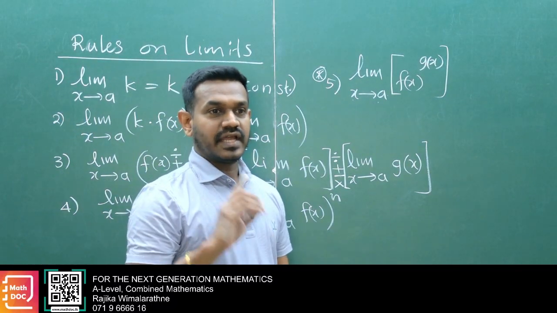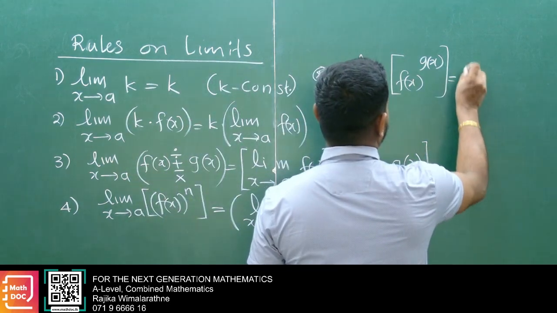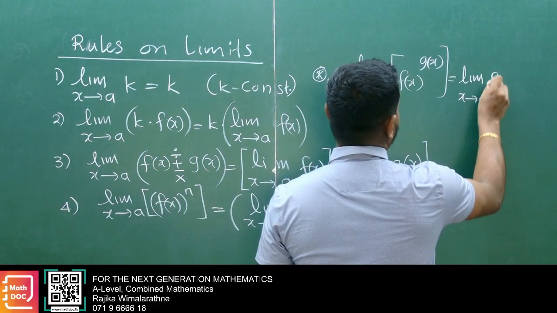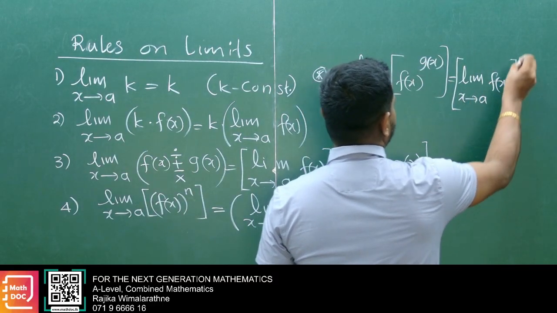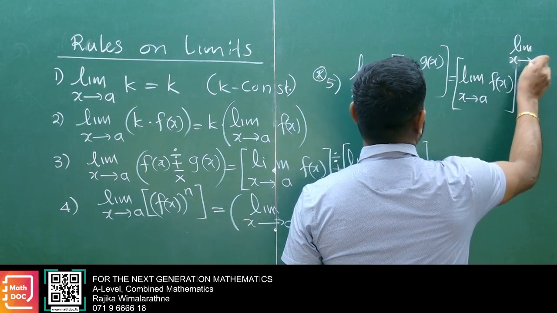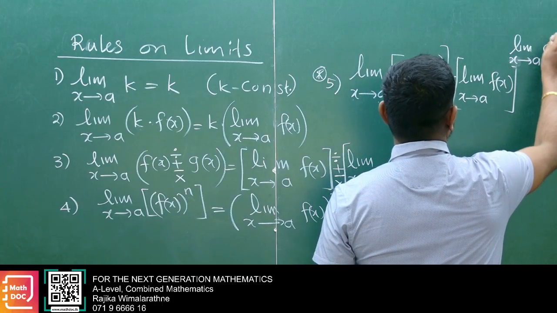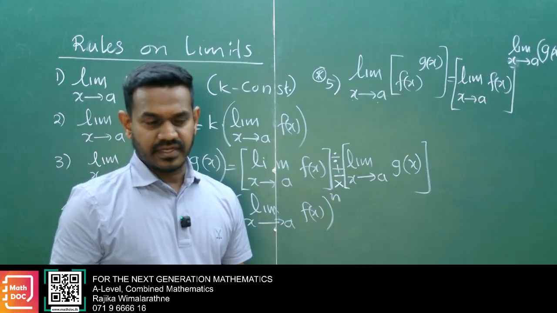Then in that case, you can separate limit for each. Limit x arrow a f(x) to the power limit x arrow a g(x), like that.